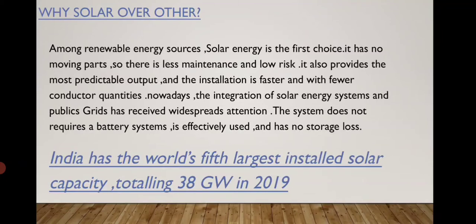Nowadays, the integration of solar energy system and public grids has received widespread attention. The system does not require a battery system if effectively used and has no storage loss. India has the world's fifth largest installed solar capacity, totaling 38 gigawatt in 2019.